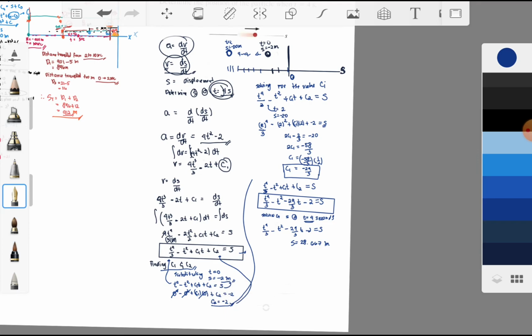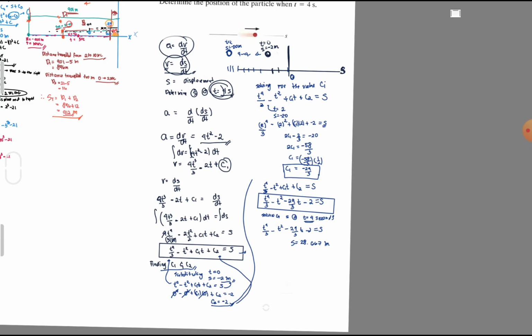In case you are not aware of this function of your calculator, let us use our calculator in solving that one.